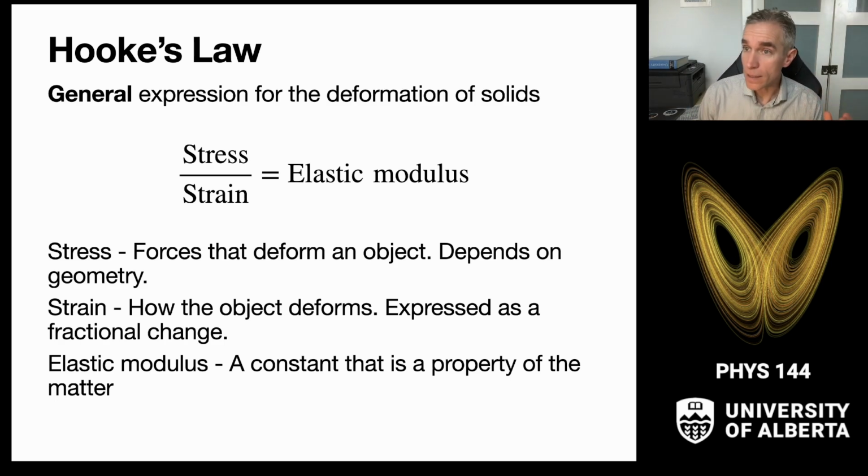Now, we've been dealing with Hooke's law in the context of springs, but that's a specific representation of a more general relationship that is described here as stress over strain is equal to an elastic modulus. And these are all new words, and we should describe what they mean.